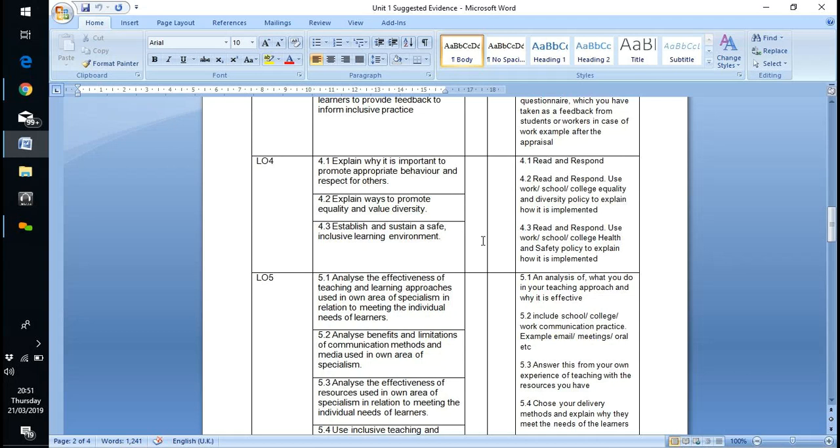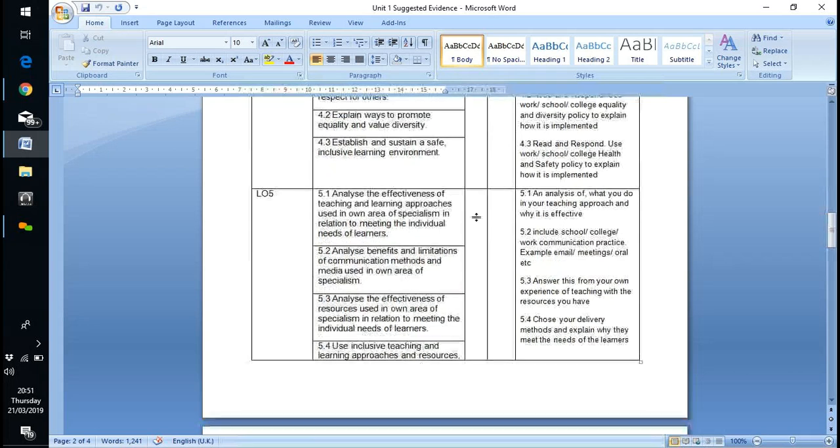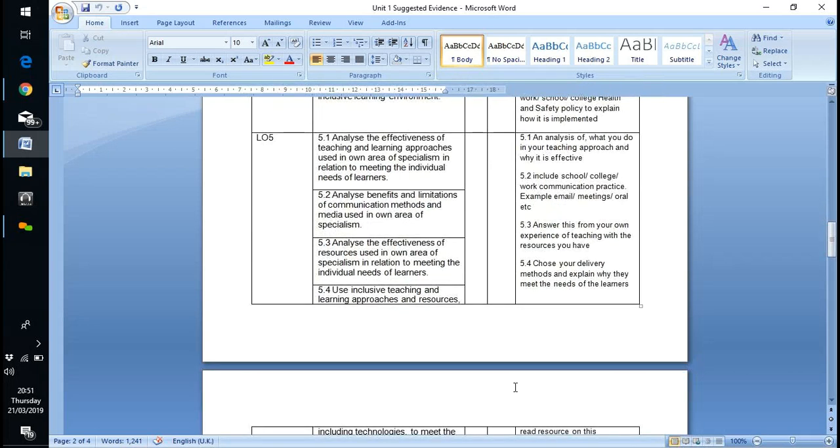Some hints on here on what to pick up on there. 5 is analyse the effectiveness of teaching and learning approaches and the way you actually deliver, which is best, which doesn't work as well, which works best with your learners, some of the different teaching approaches that you use.